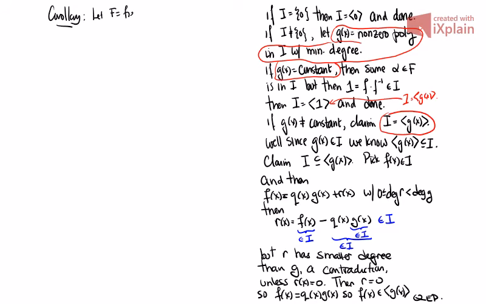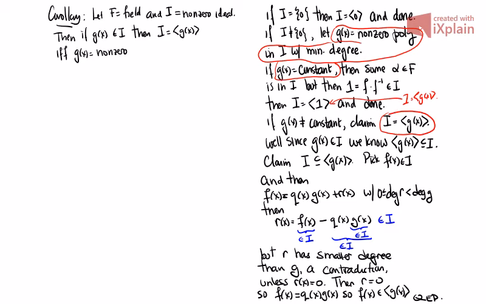Let F be a field, and I a non-zero ideal. Then if g of x is in I, then I equals the ideal generated by g of x if and only if g of x is a non-zero polynomial of minimum degree in the ideal.